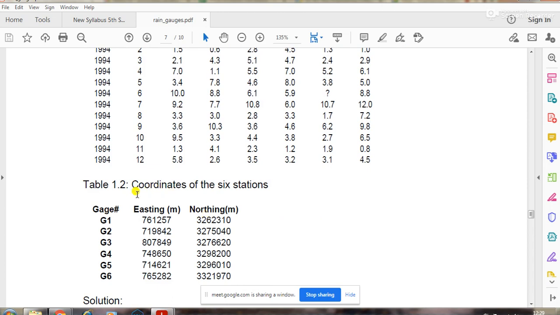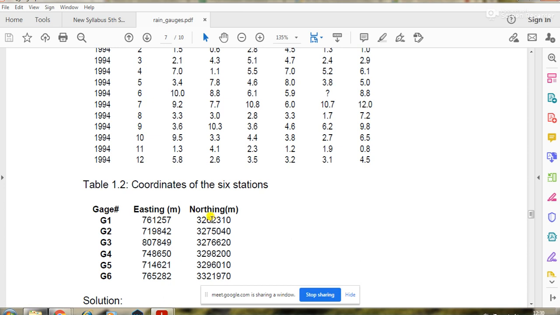Here you can see that the coordinates of the 6 stations are given, easting and northing. So these are the gauges 1, 2, 3, 4, 5, 6, different stations, and the stations have the easting and northing values in this way.